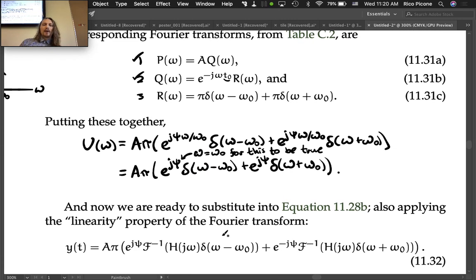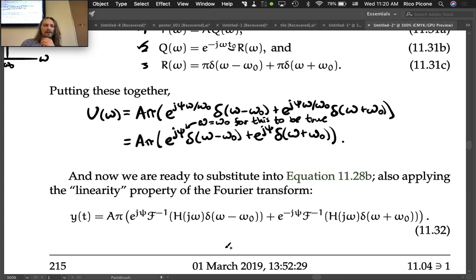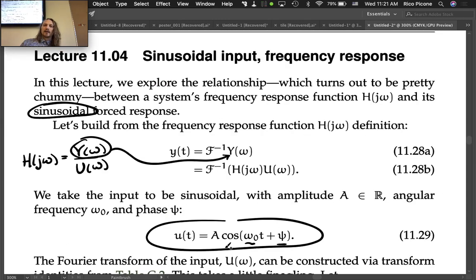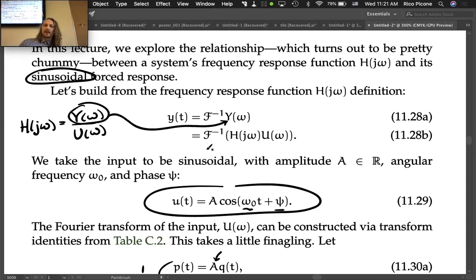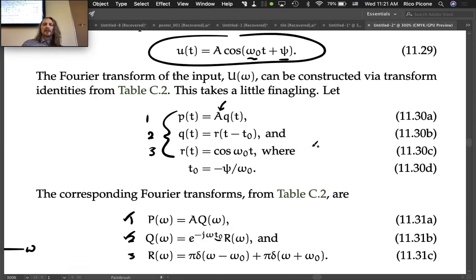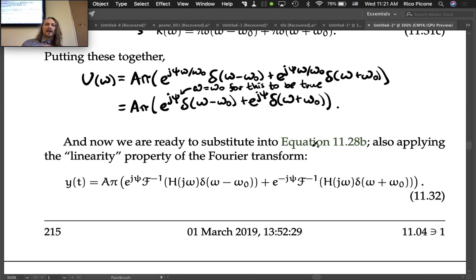And now we are ready to substitute into equation 1128b, also applying the linearity property of the Fourier transform. So we're going to go back up to our solution here, which we've been waiting for this U, right? That was what we were waiting for. So we got our U now, and we plug it in.